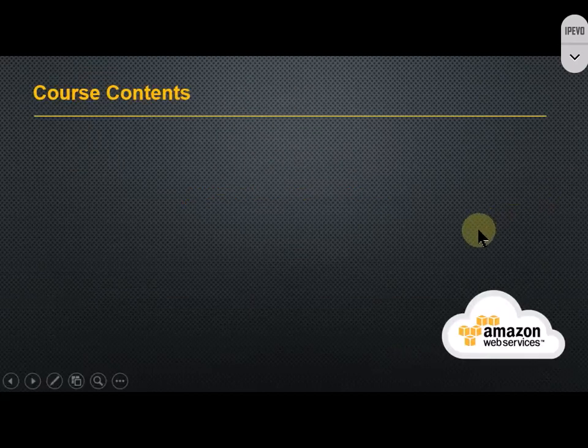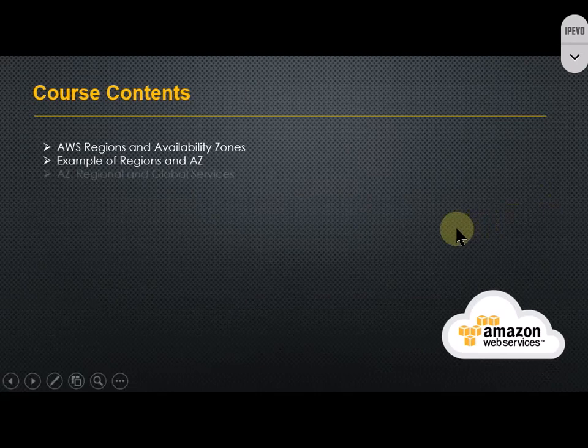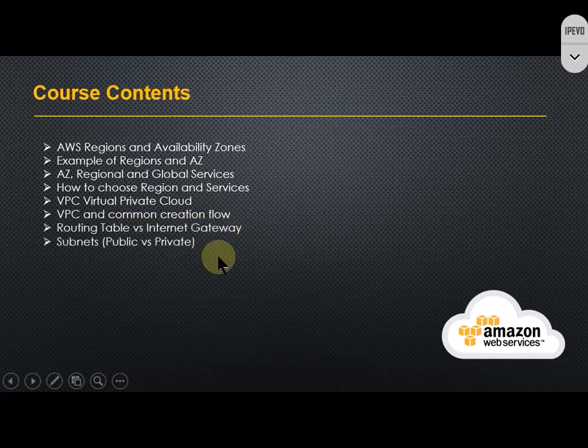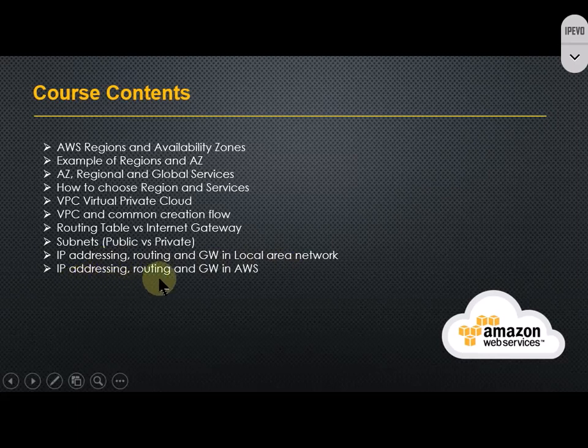So let's head over to the next slide, which is talking about the course contents that I'm going to cover today: AWS regions and availability zones, examples of regions and AZs, regional and global services, and how to choose regions and services; VPC, virtual private cloud, VPC and common creation flow, routing tables and internet gateways, subnets, public versus private; then IP addressing, routing and gateways in a local area network, which is basically the comparison between a local area network and AWS; then VPC versus LAN one-to-one comparison, VPC flavors, lab time, and then I'm going to talk about the topology.